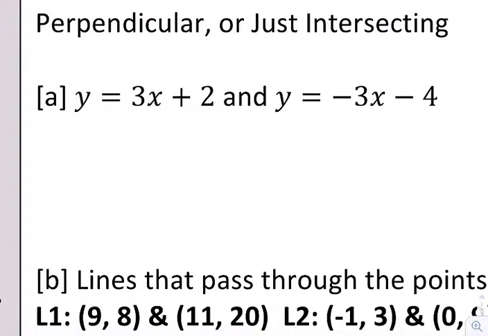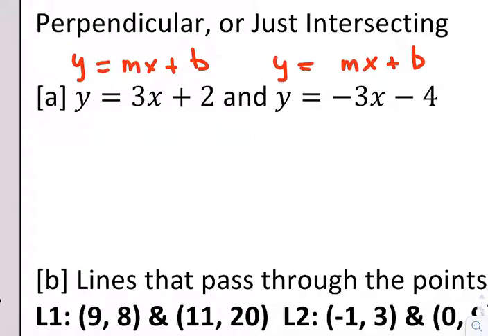To tell parallel, perpendicular, or intersecting, we have to find the slopes first. In this particular problem, the lines were given to us in equation form. From the previous homework, if you notice these are in y equals mx plus b form, it's just a matter of knowing where to look for the slope. The slope for the first one is 3. The slope for the second one is -3.